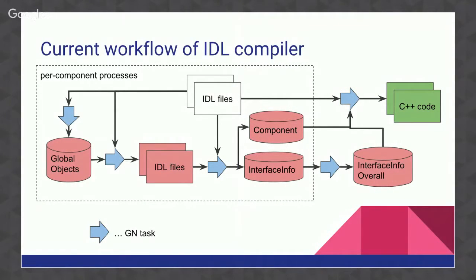In the current IDL compiler, the workflow works like this. The blue arrows show a task in the GN, and you can see you have 1, 3, or 5 tasks to generate code.